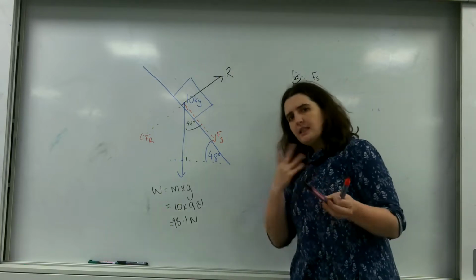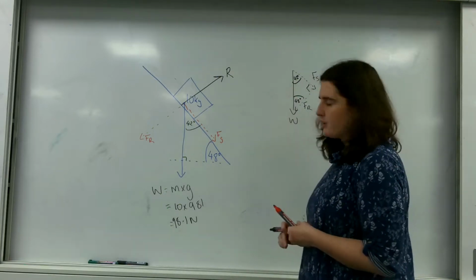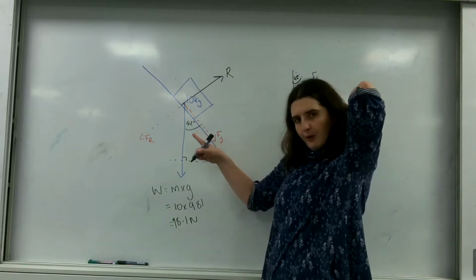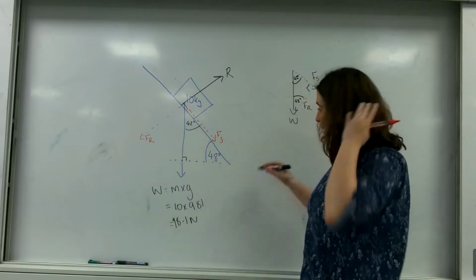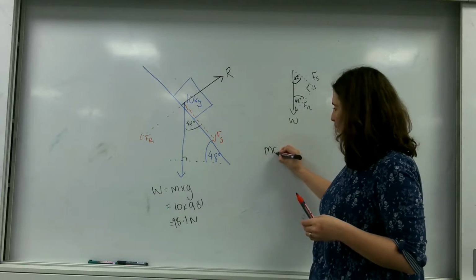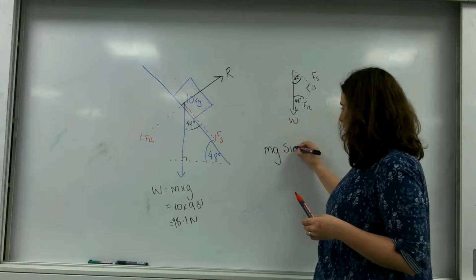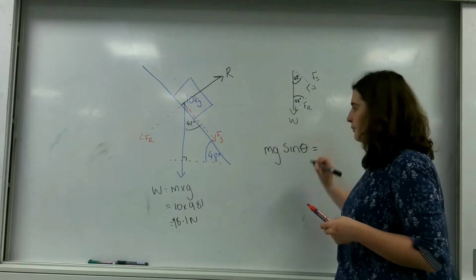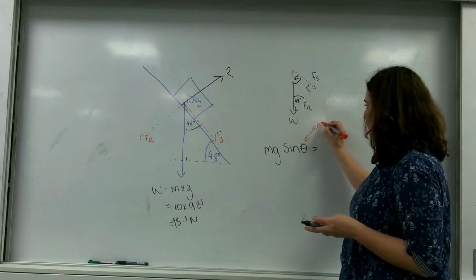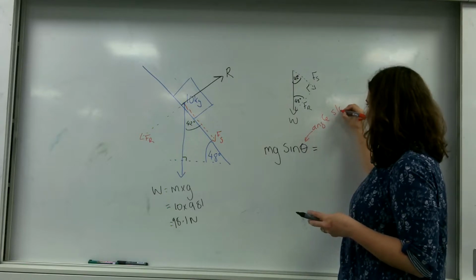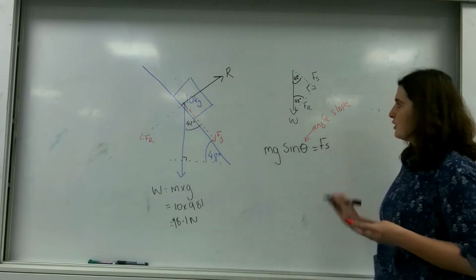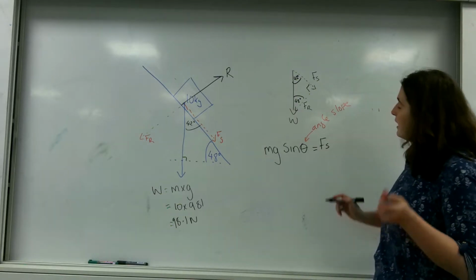A really easy way to remember what's going on is this: if I want to find the component of the force down the slope, I'm going to use the weight, or mg, and I'm going to use sine theta, where theta is the angle of the slope. And that is going to be my force down the slope. I can prove this to you.